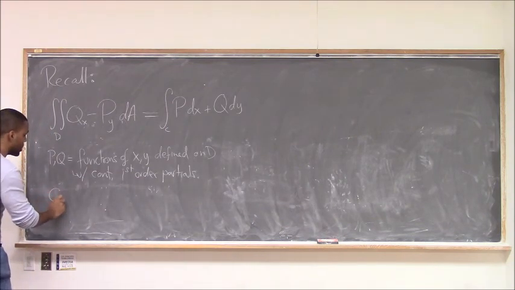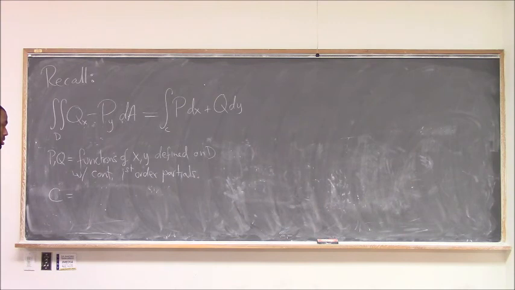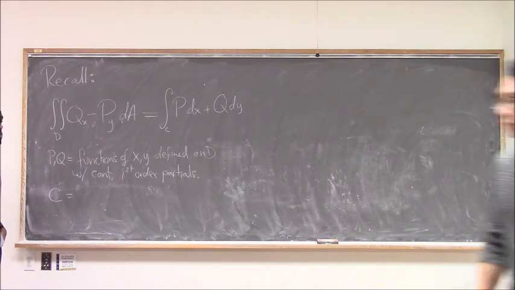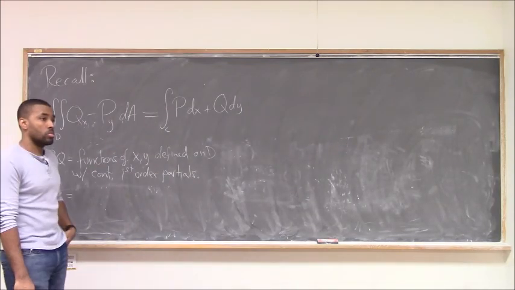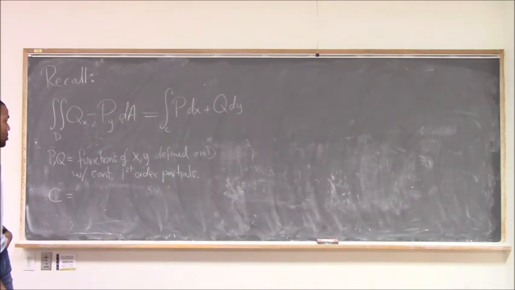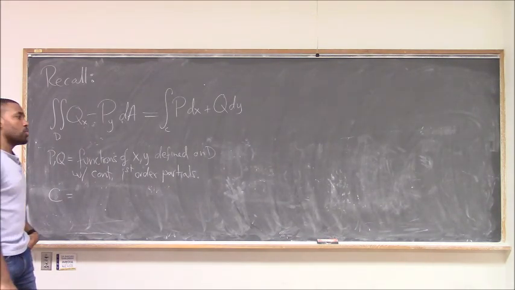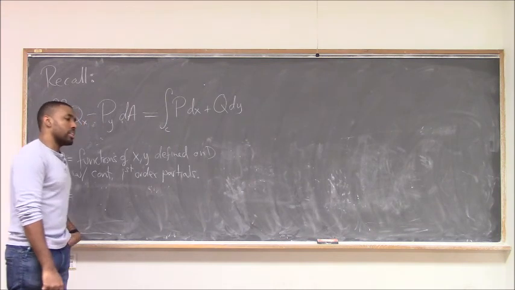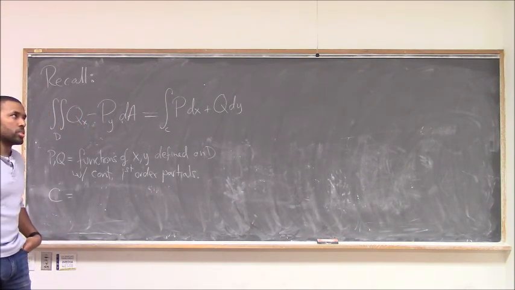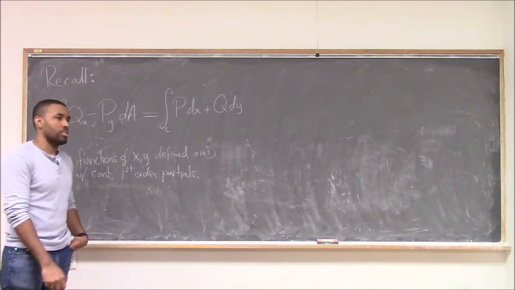What about C? What is C? I have a question. Saying that they have continuous first order partials would be equivalent to saying this is smooth. You can say the vector function that gives the normal vector to the surface they form is smooth.